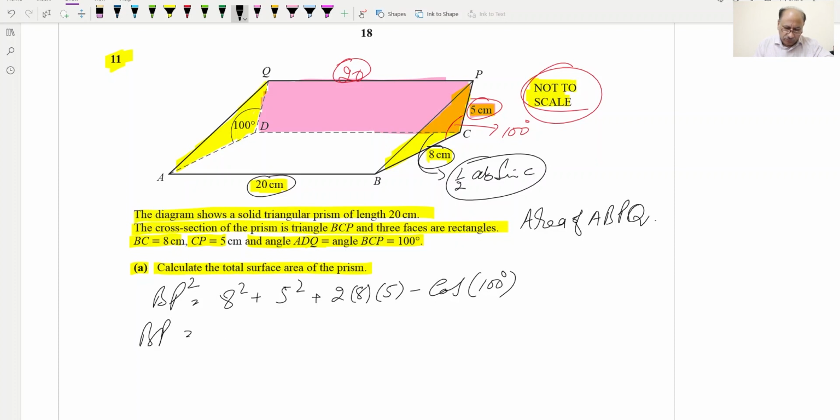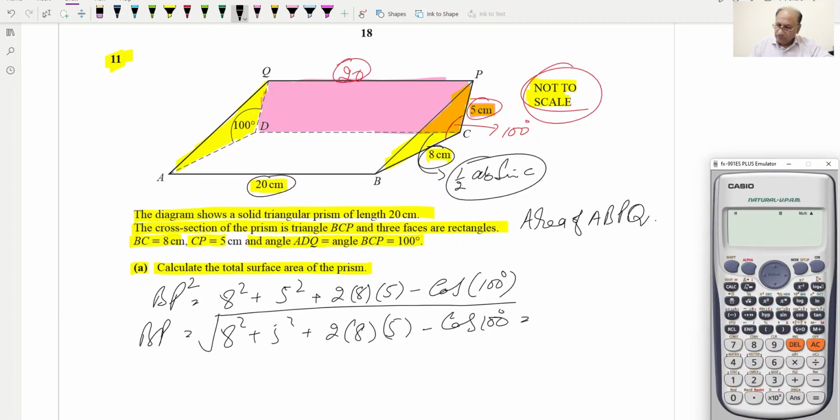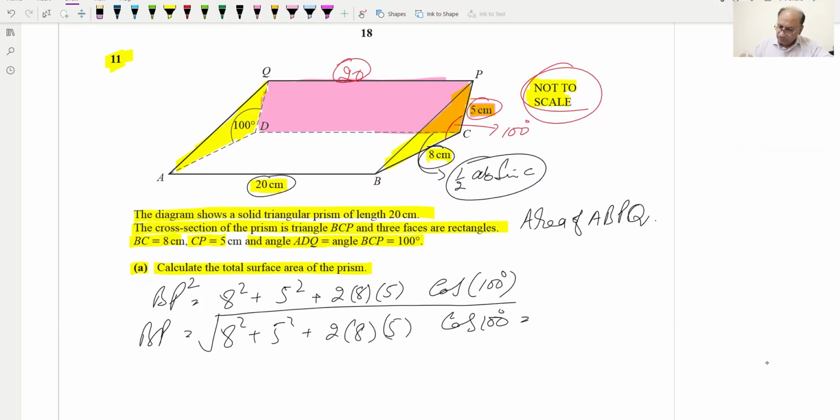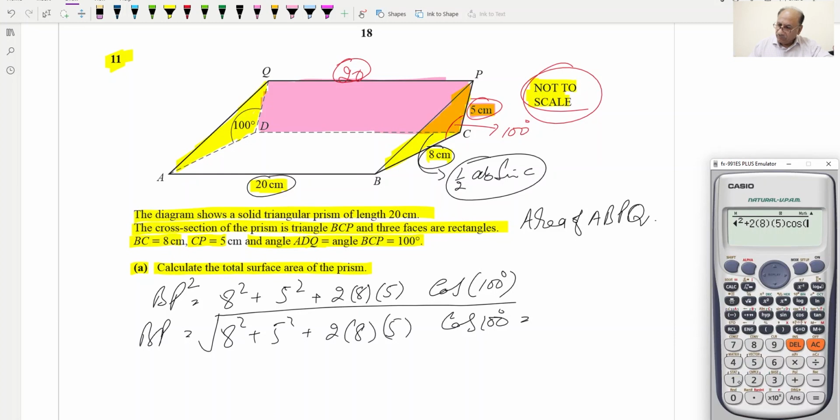So BP will be equal to the square root of 8 squared plus 5 squared minus 2 into 8 into 5 into cos of 100 degrees, and this will result in 8.66. It should be minus here, not plus. I don't know why we make mistakes in the cosine rule.